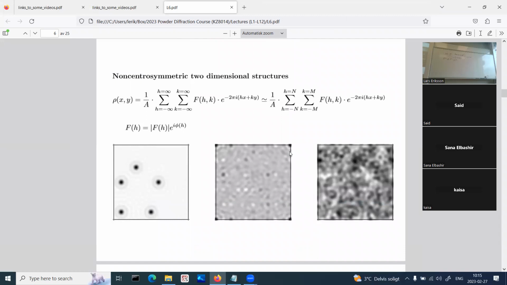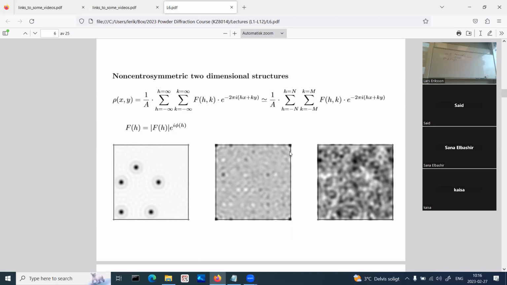The importance of amplitudes or phases of the structure factor can be illustrated by this. This is a general non-centrosymmetric structure. There are 5 atoms in the model. We know the phases and we know the amplitude.